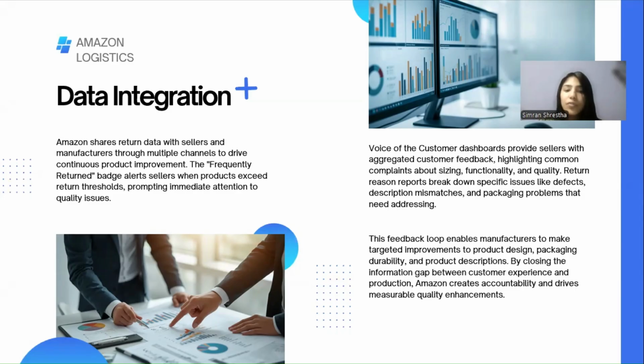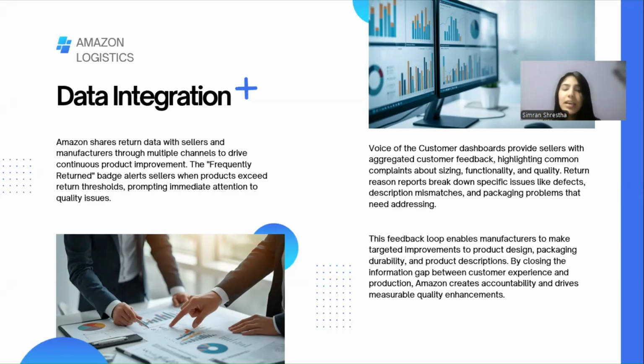Amazon also provides voice of the customer dashboards to sellers. These dashboards aggregate customers' feedback and highlight the most common complaints such as sizing problems, product defects, or functionality issues. In addition, detailed return reason reports are also shared with manufacturers.